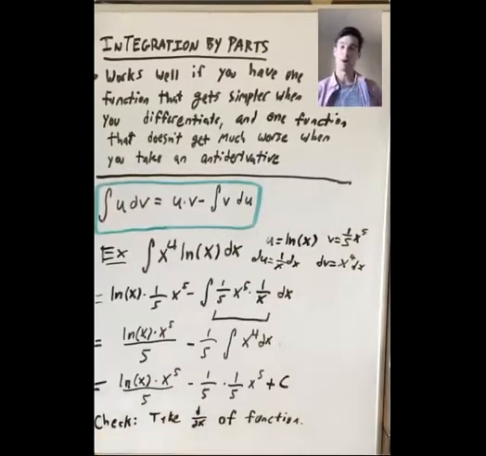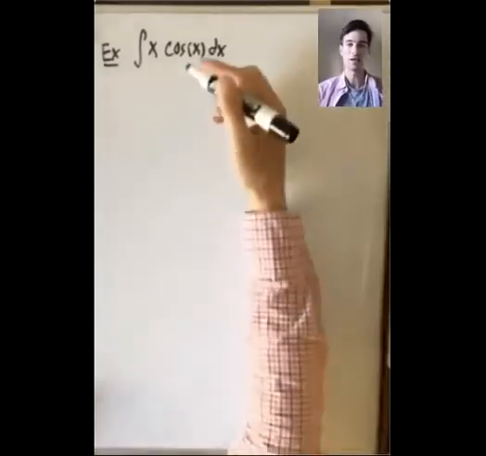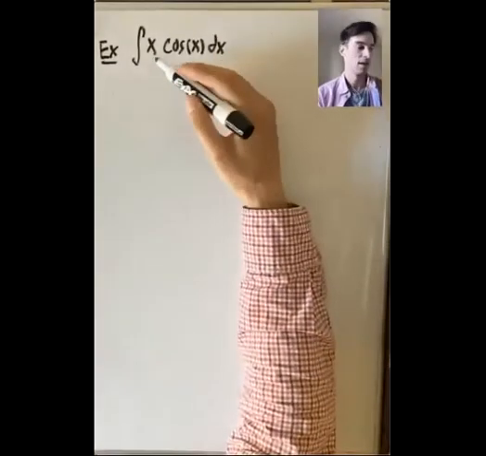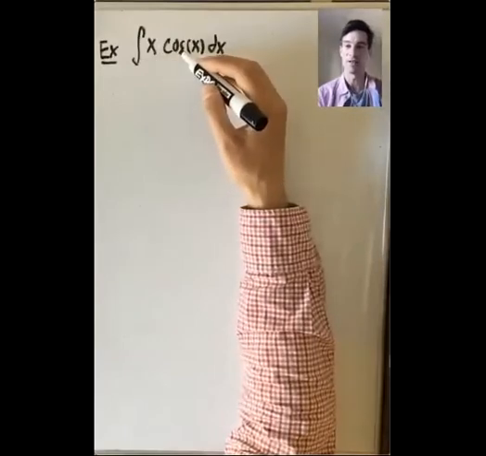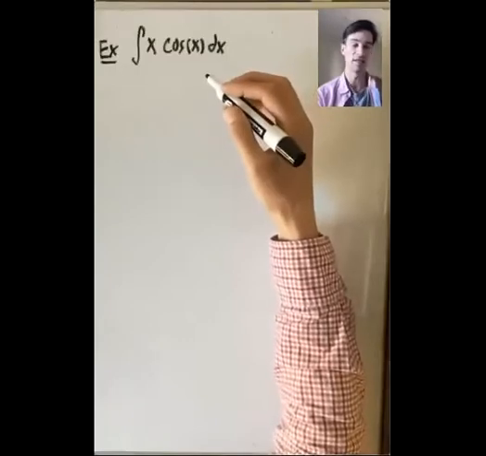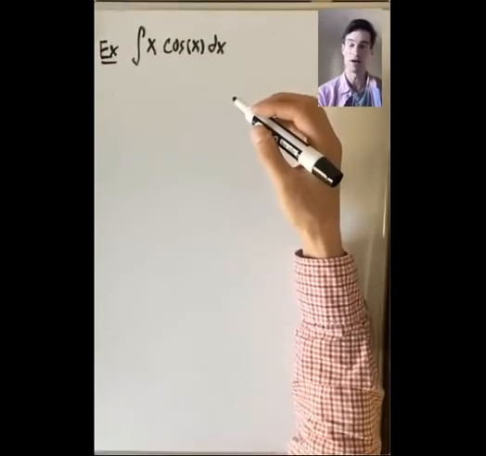And I'm going to pause and then show you another example of a different kind. Let's look at an example with a trig function. Let's take the integral of x times cosine of x dx. So remember, what we're looking for is a function that gets simpler when we differentiate. That'll be u.